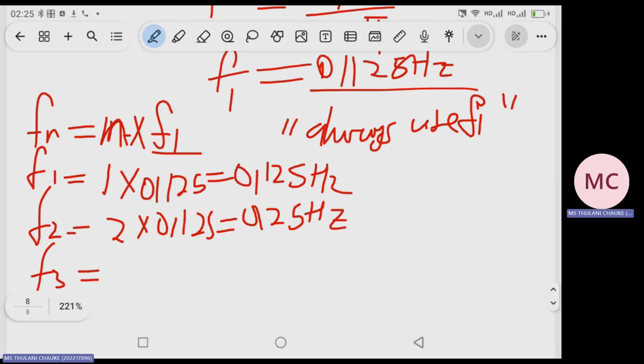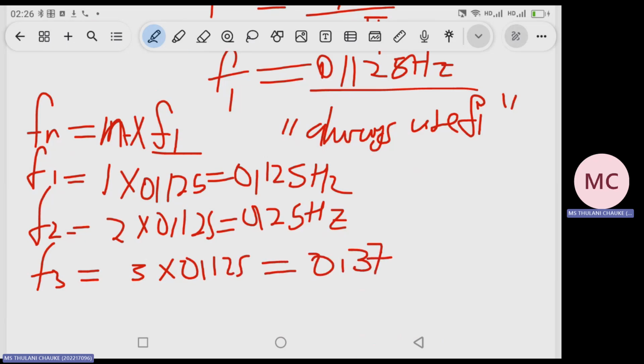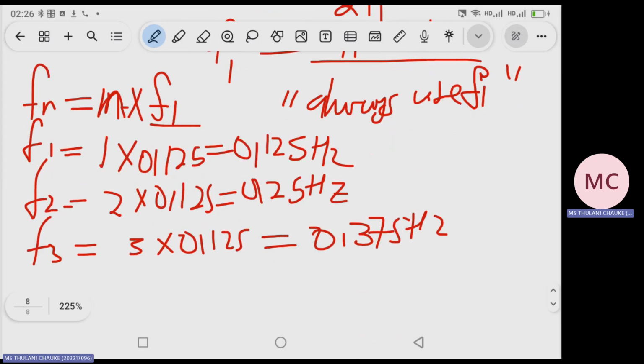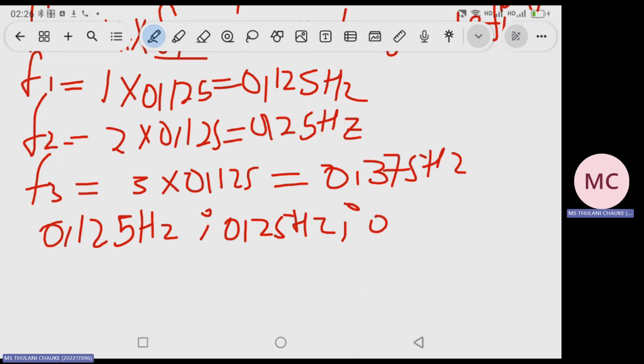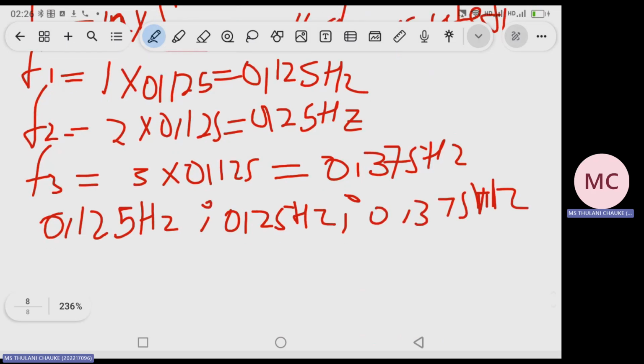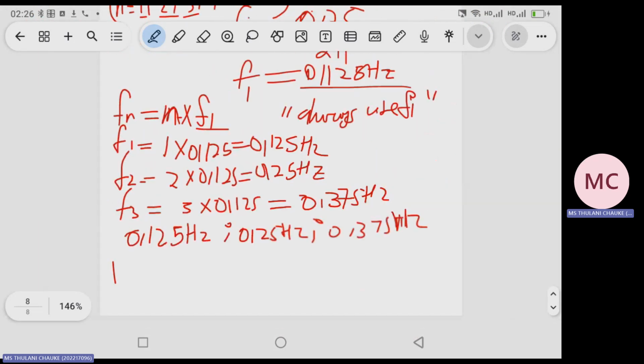Then F3 will be 3 times 0.125, which will be 0.375 hertz. So you know that you will be having this set of frequencies. And then we'll do the next one.